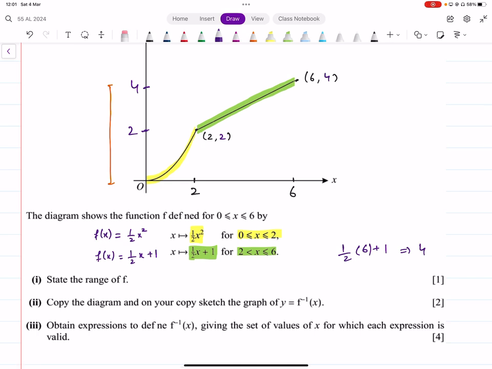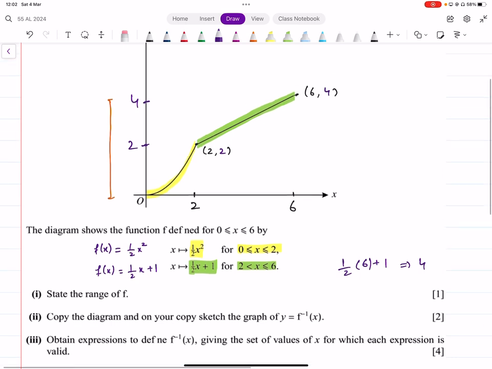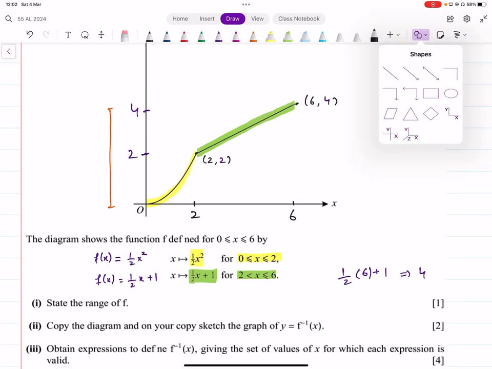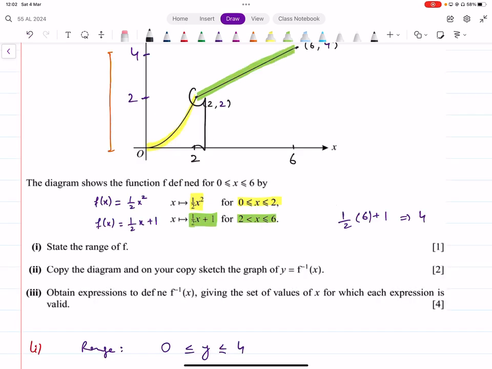What is the graph? f and f inverse, one is a function and the other is its inverse. These two graphs are reflections of each other in the line y equals x. Can I draw the y equals x line here? Where will it pass through? The origin, and then it will also pass through 2.